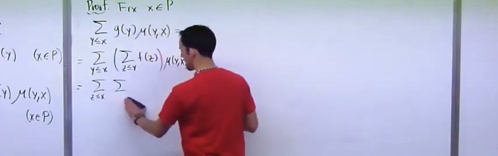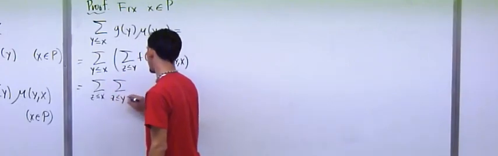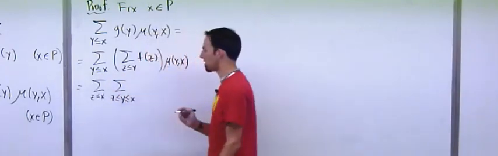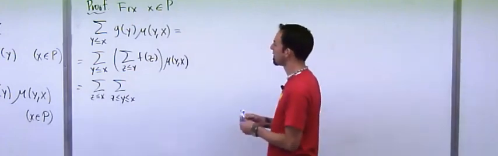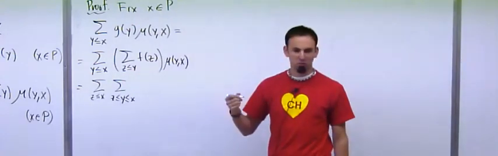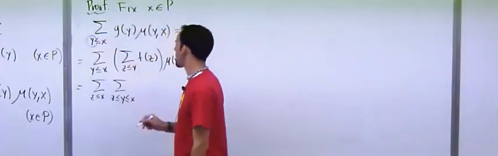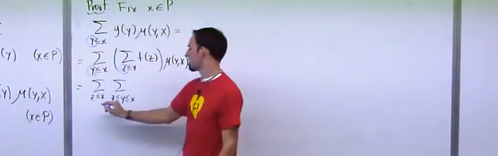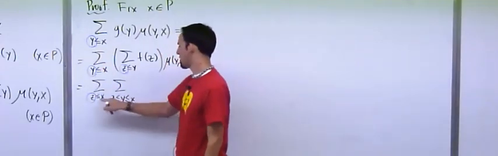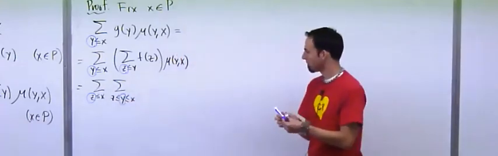So I add up over the y's between z and x. Okay. Maybe to make it clear, in each one of these summations, I'm going to say which variable I'm adding over. So x is fixed. Here I was adding over y. Here I was adding over y. And here over z. I flipped. So now I add over z. And this is a sum over the y's between z and x.